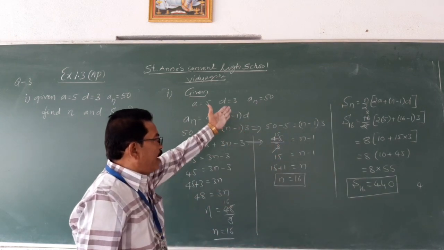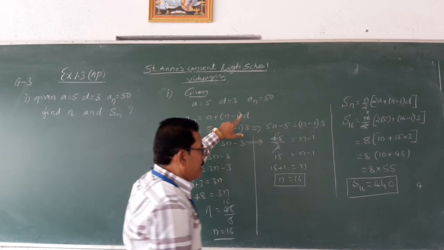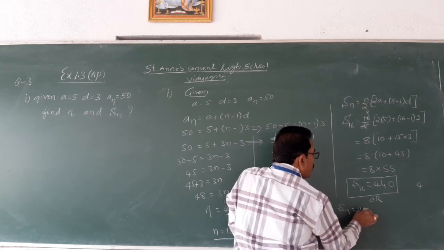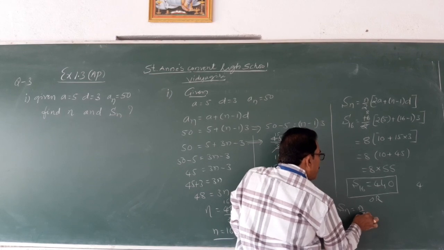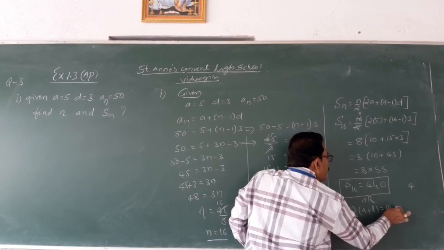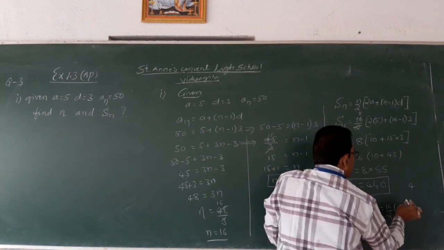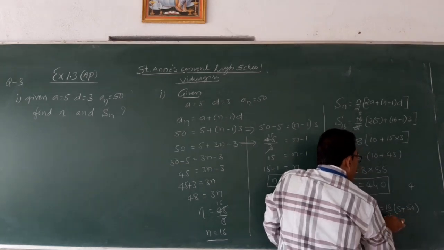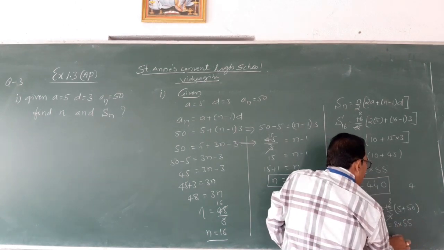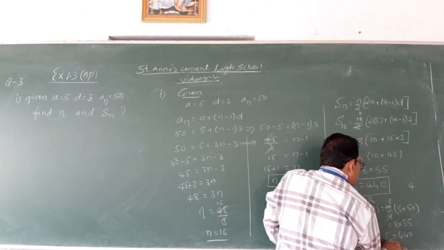You can also calculate by using the formula when the last term is given: Sn equals n by 2 in the bracket (a plus l), that is 16 by 2 in the bracket 5 plus l, that is 50. 2 eights are 16, that is 8 into 55, which equals 440, that is S16.